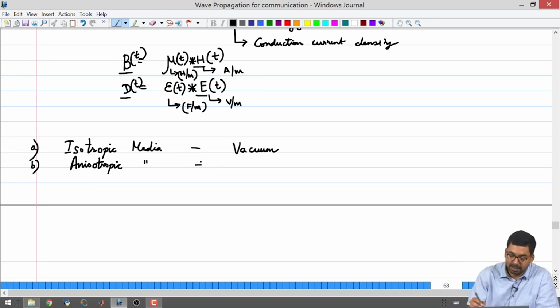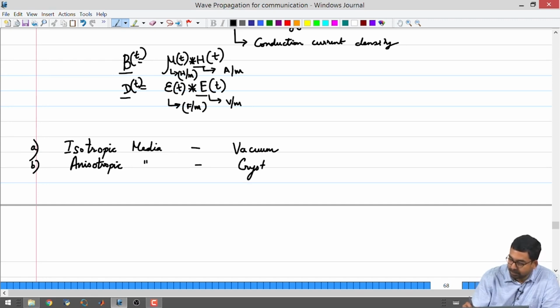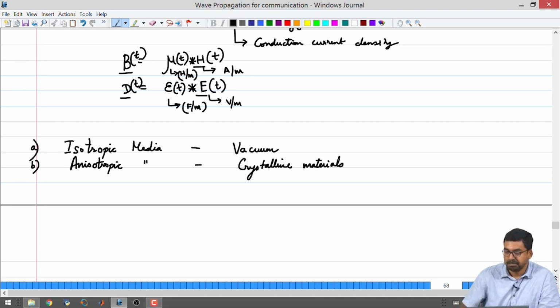An example of an anisotropic medium is crystalline materials. These are tough materials, that is, you have to think about what will happen in every direction. And you have two more categories.